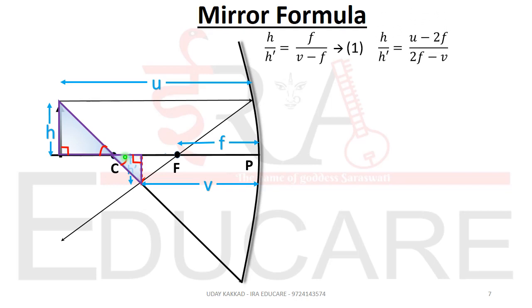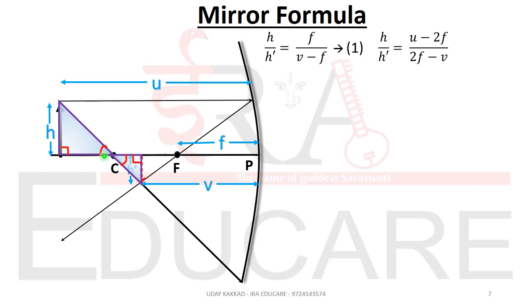So h upon h dash is equal to u minus 2f, because the distance between P and F is f and P and C is 2f, almost double the focal length, right?